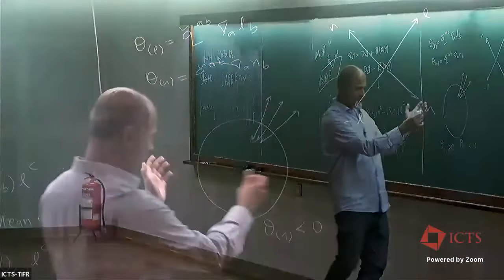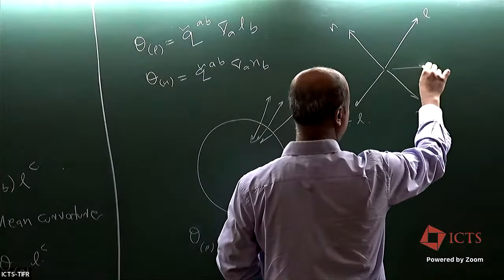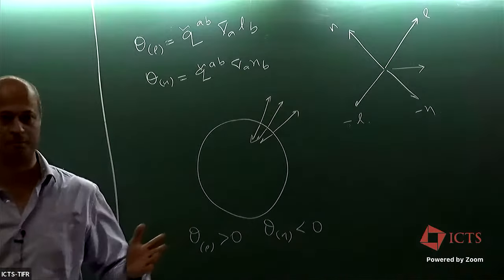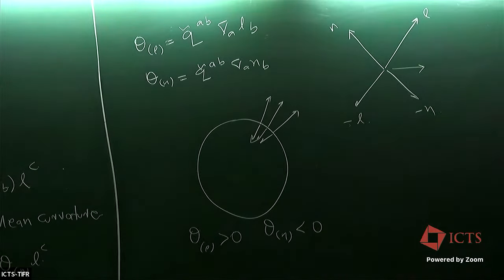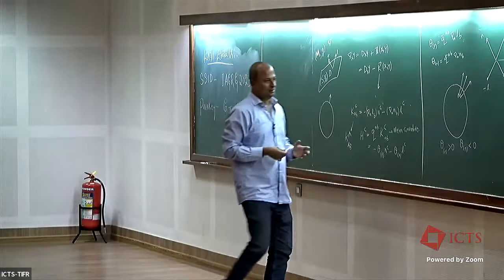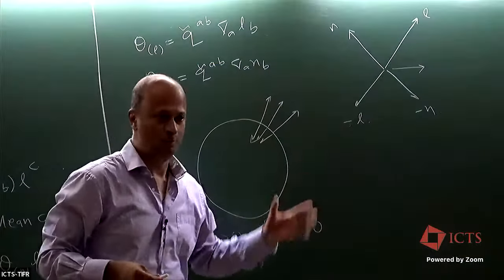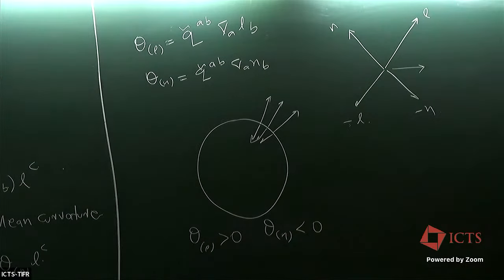So for a normal sphere, I get a vector like this. So a space-like vector. So this is what you expect for normal spheres in flat space.